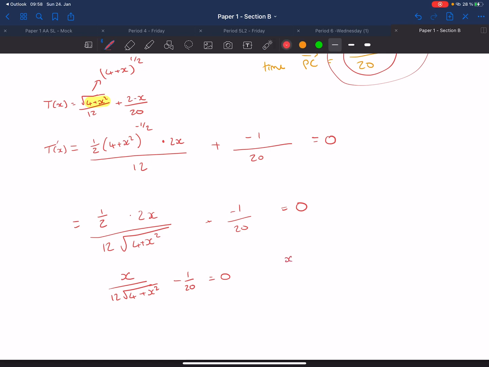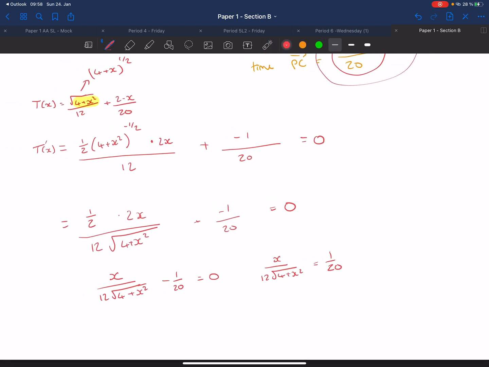So x over 12 root 4 plus x squared equals 1 over 20. And then I'm going to multiply this 20 up to the top here, kind of like cross multiplying, and I'm going to bring this up over here. So if I rewrite that out, I have 20x equals 12 square root of 4 plus x squared.